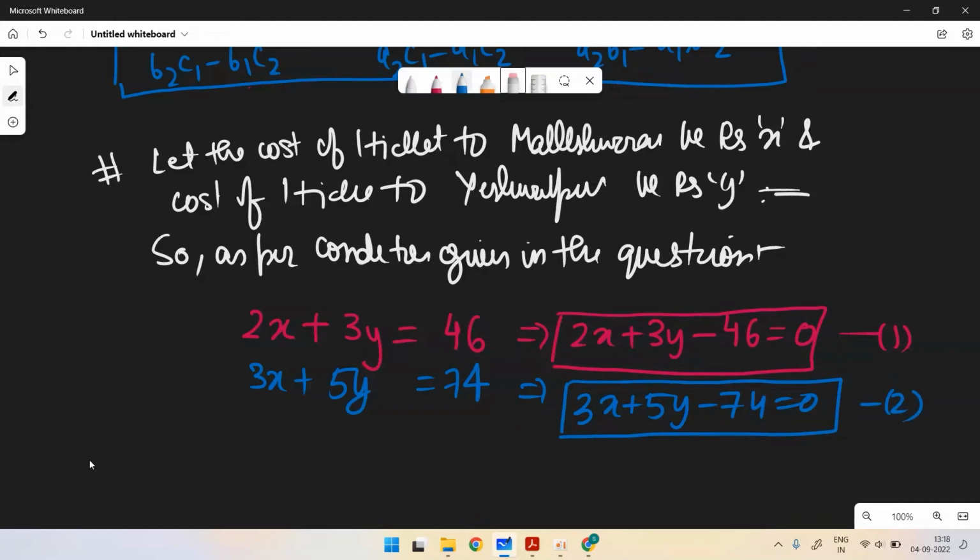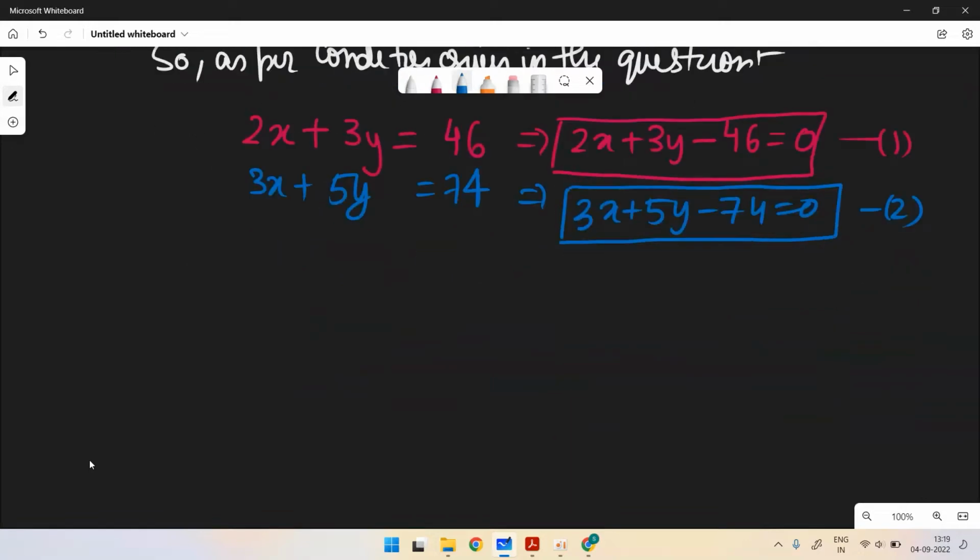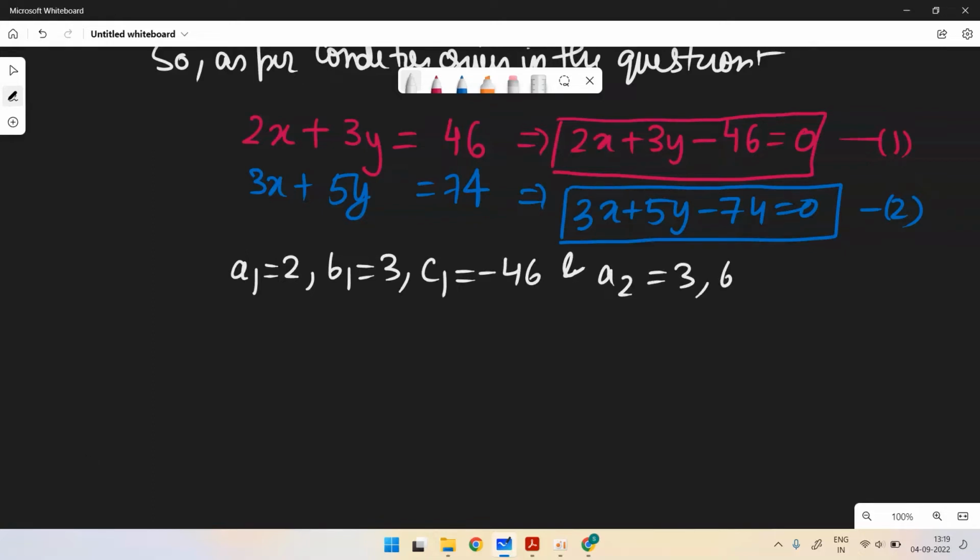Now as per your formula, you can directly write that a1 here is 2, b1 is 3, c1 is minus 46, and a2 is 3, b2 is 5, and c2 is minus 74.